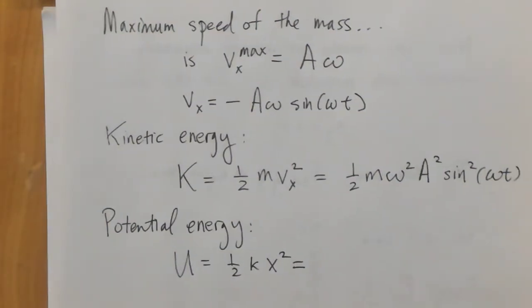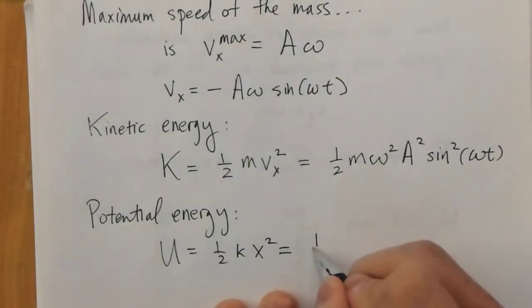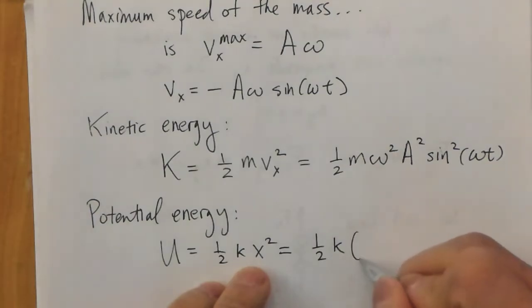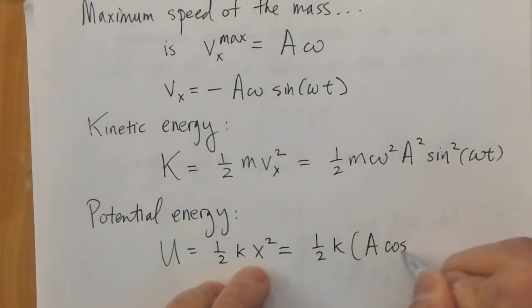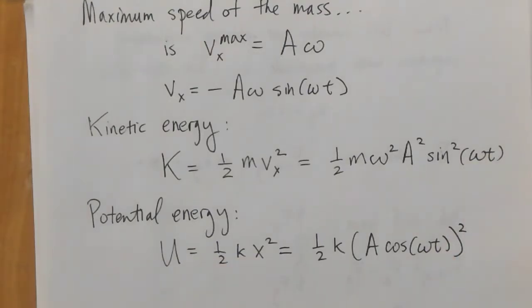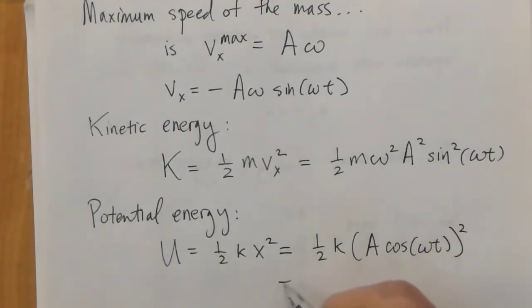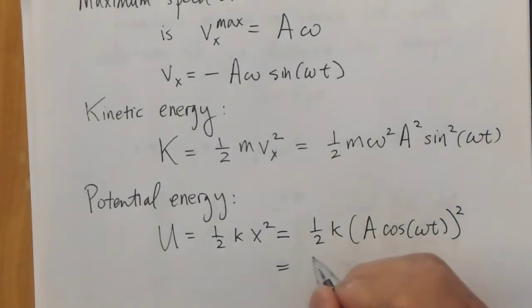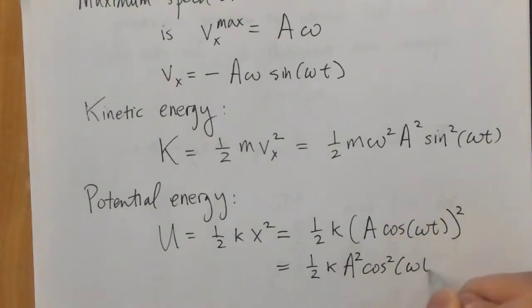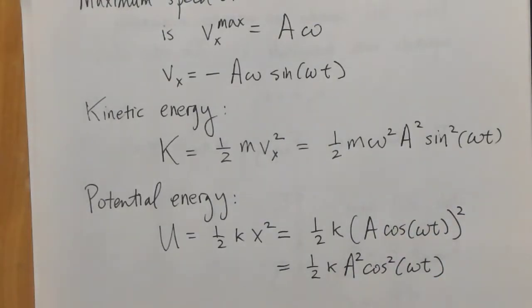Okay, so let's write this out. 1/2 k. Now x is a cosine omega t. I have to square it. Bear with me, I'm just writing a lot of ugly little formulas down. So I'll have 1/2 k a squared cosine squared omega t.